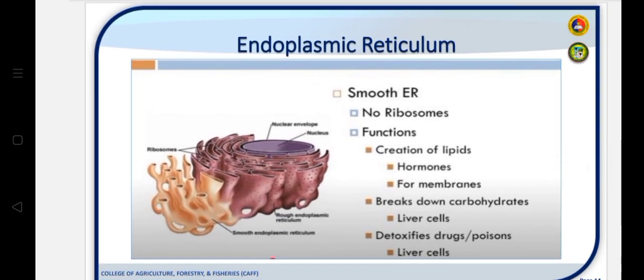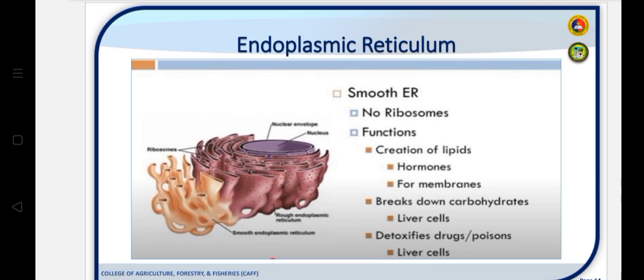Now, let's look at the smooth endoplasmic reticulum, or smooth ER. Unlike the rough ER, the smooth ER has no ribosomes on its surface, so it looks smooth under the microscope. The smooth ER is responsible for the creation of lipids.